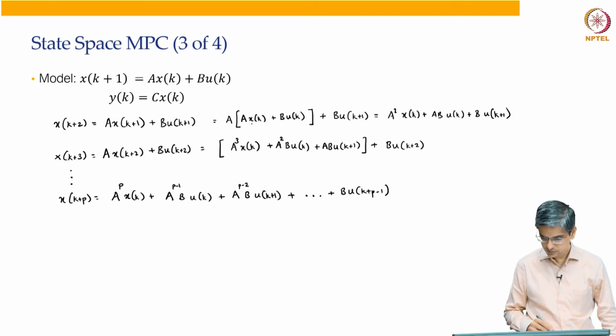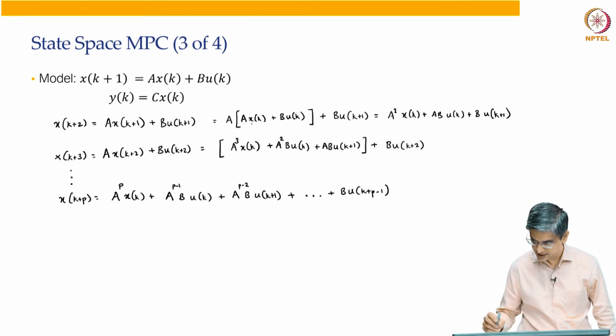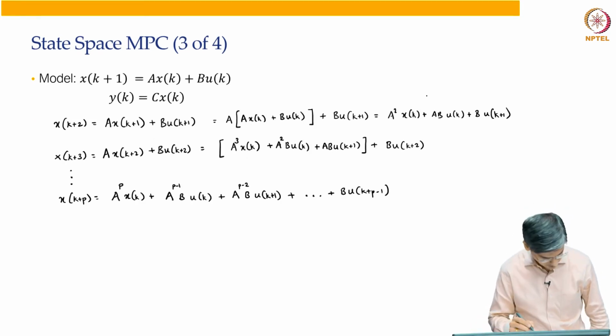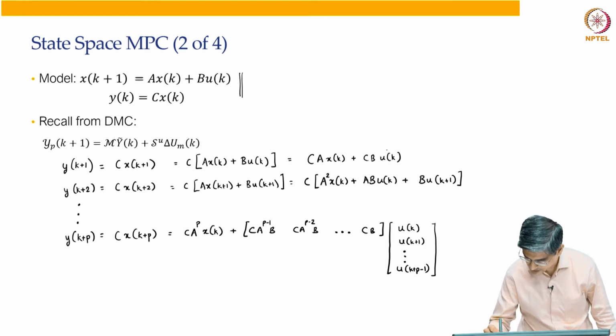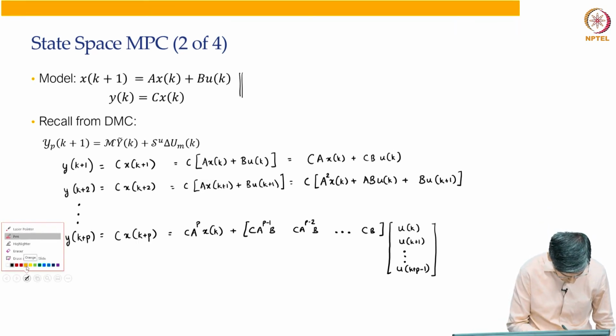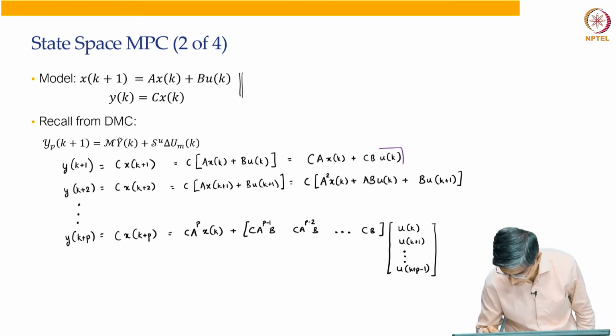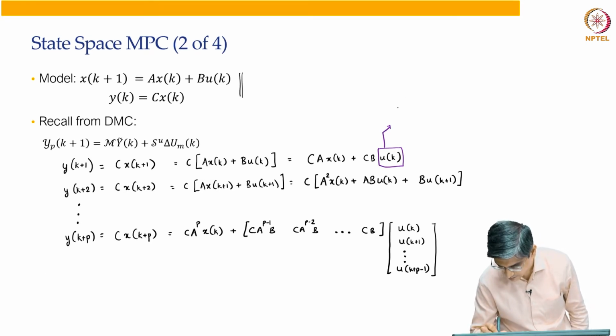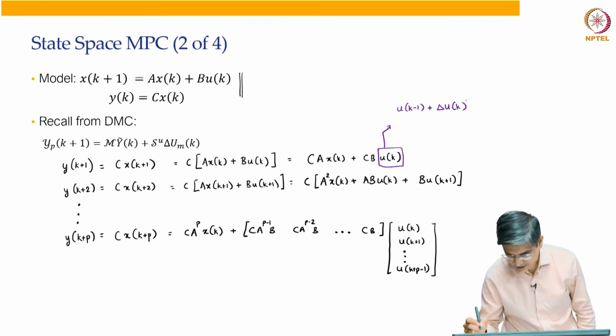Now, if you look at, for example, over here, if you look at basically this term, right. Let me change the color, change it to purple color. If you look at this term, this is nothing but u k minus 1 plus delta u k.